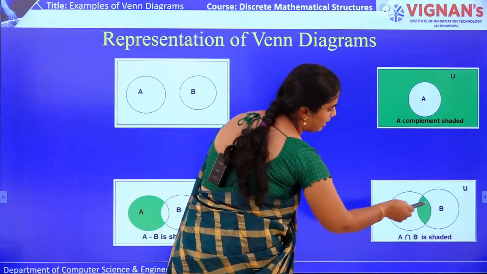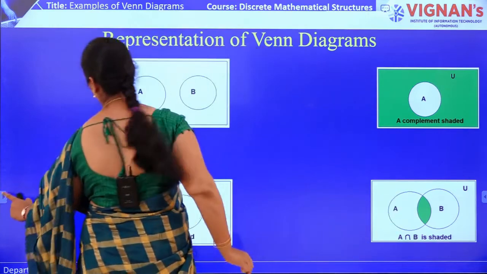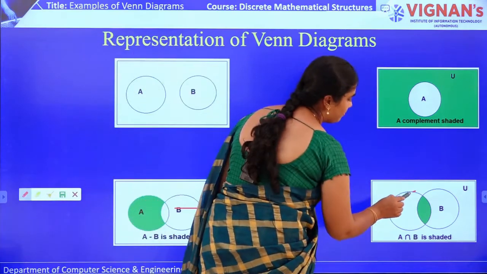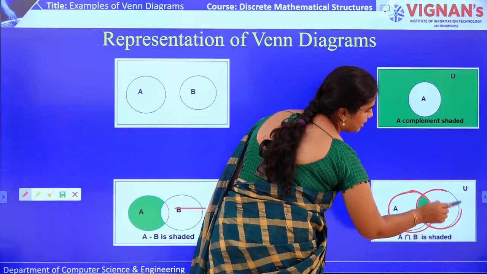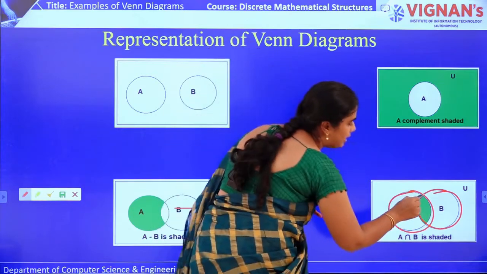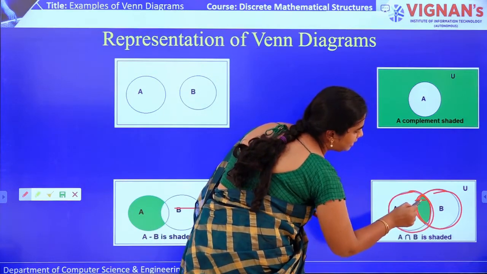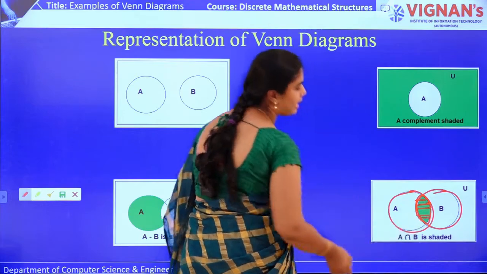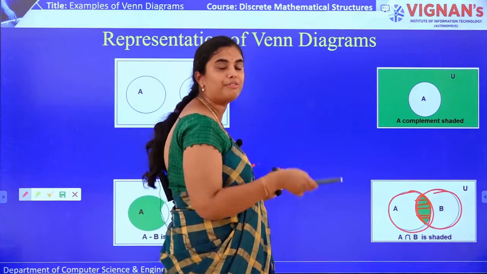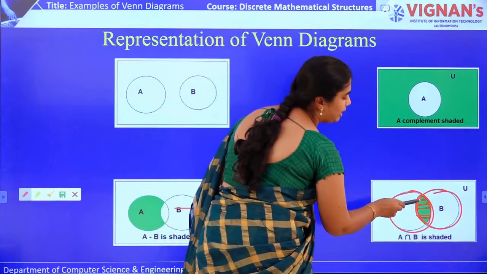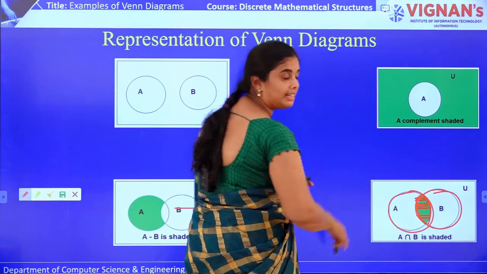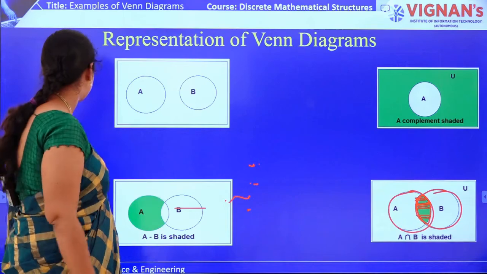If you see these two diagrams, two sets, set A and set B, the shaded part is only in the common area of set A and set B. So, if you represent a diagram in this way and you are asked to show the intersection, you need to shade this area and find the common elements which are present in that area. Okay, this is the intersection property.